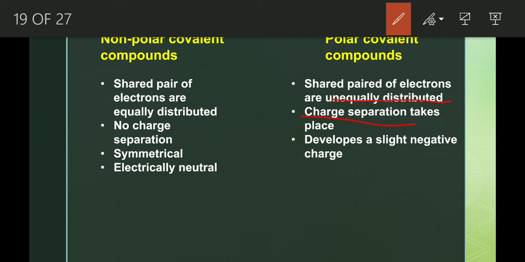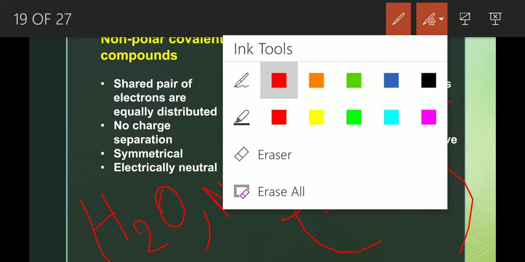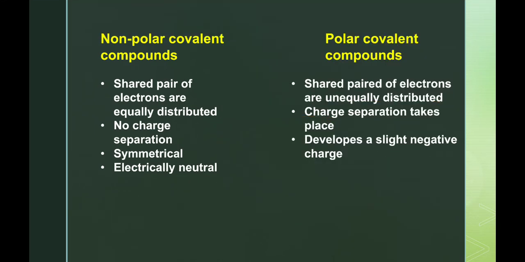And it has been found that in polar covalent compounds, there is a slightly negative charge present. Examples of this type of compound are water and ammonia. I will show the structure and how these compounds are formed. So these are basically the two types of compounds: one is the non-polar covalent compounds, another is the polar covalent compounds.